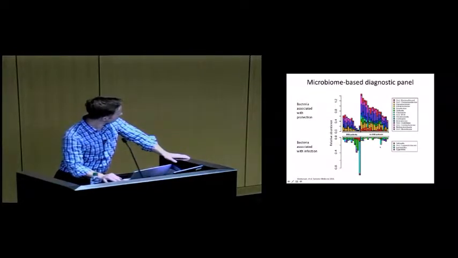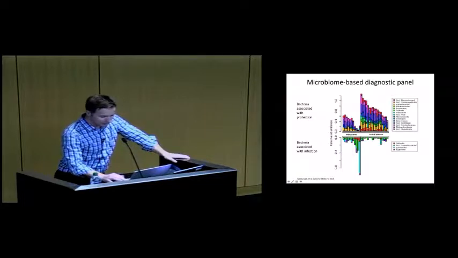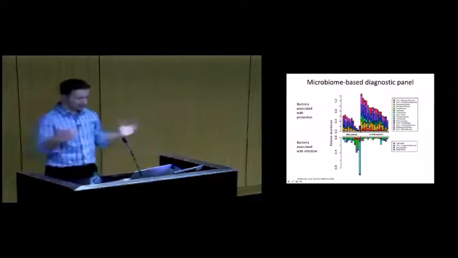These are the ones that are associated with a negative outcome in the model. And you can see that people who went on to get an infection had much more of those negatively associated bacteria. And our algorithm takes the whole panel of those.